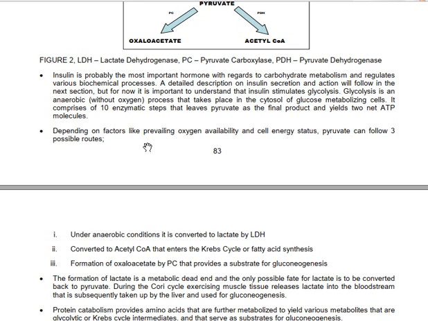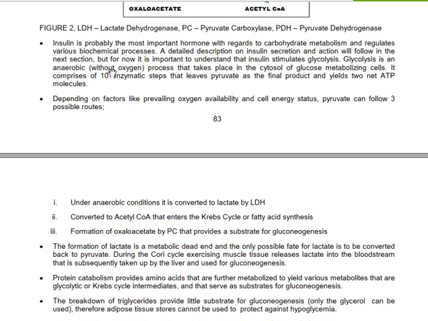They are going to make sure that glucose is converted to produce glycogen. They are going to inhibit glycogenolysis and glycolysis, and they are going to inhibit gluconeogenesis. Those are the roles of insulin.